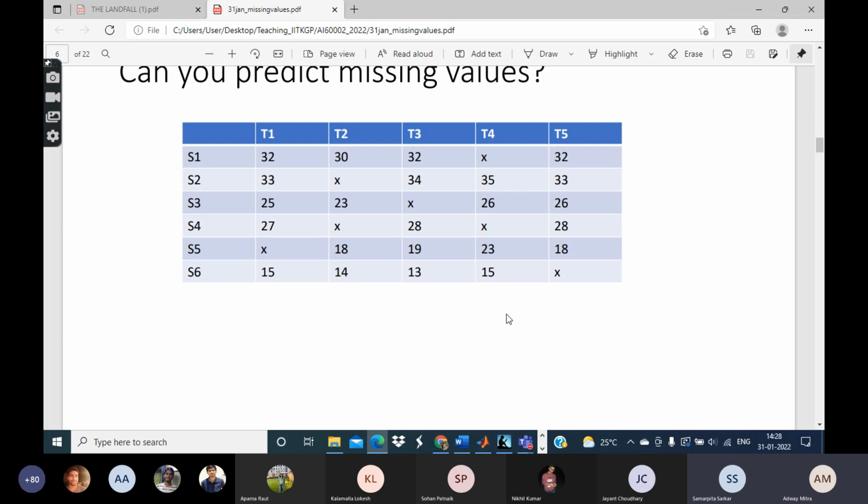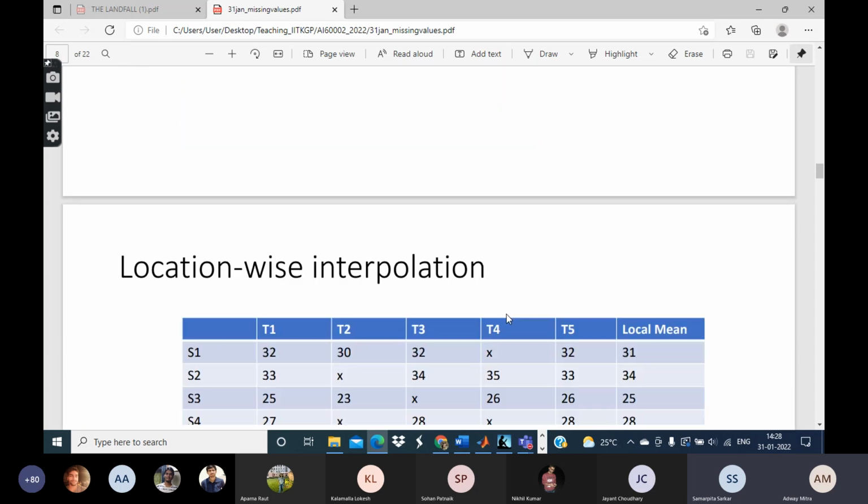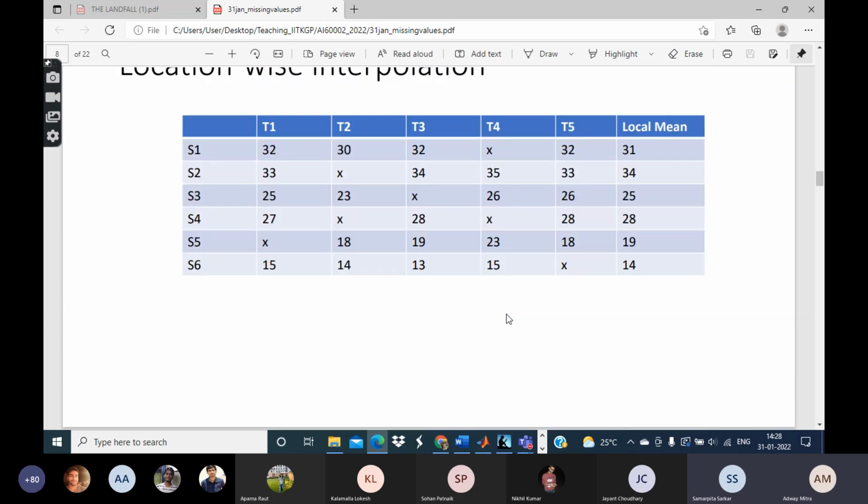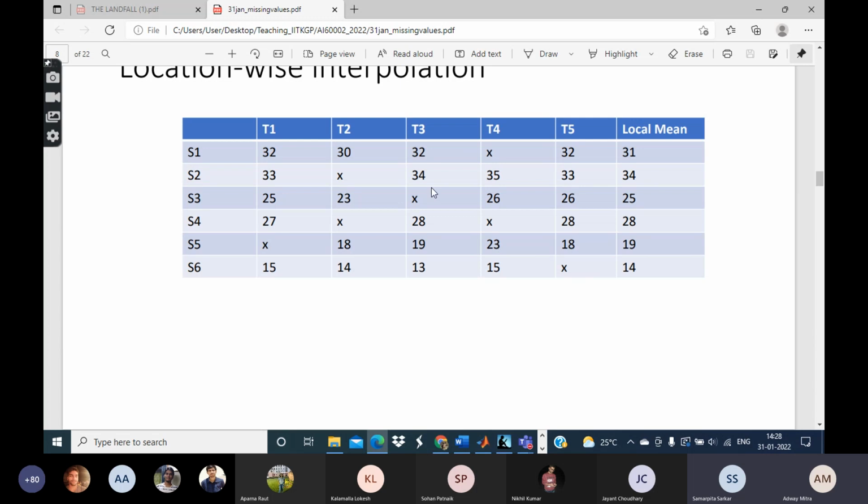So now let us first consider the simplest thing. As Samarpita said, we need to consider the effects of the other locations as well as the temporal variability. If we want to predict for S1, we have already seen that S1 and S2 seem to be in some kind of a cluster.